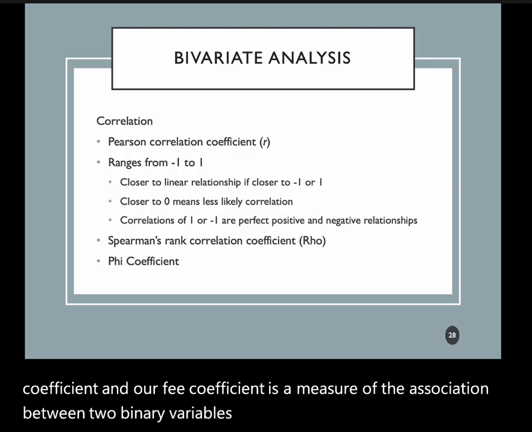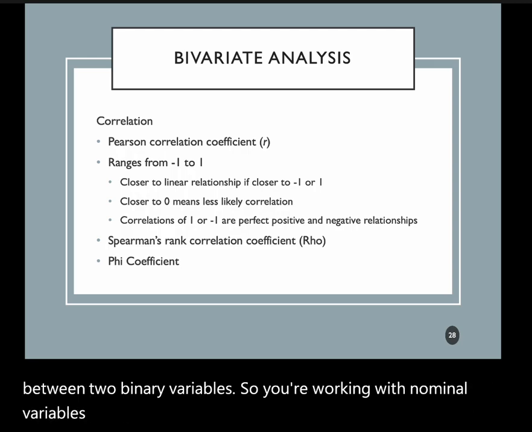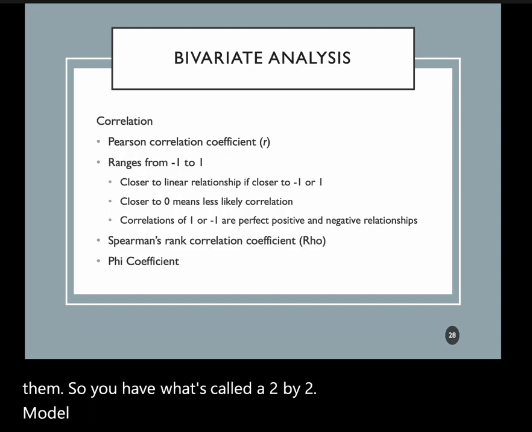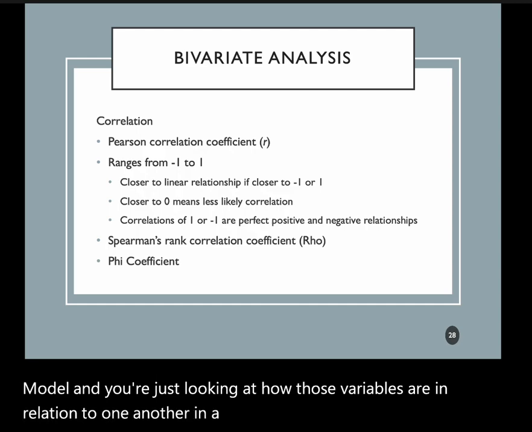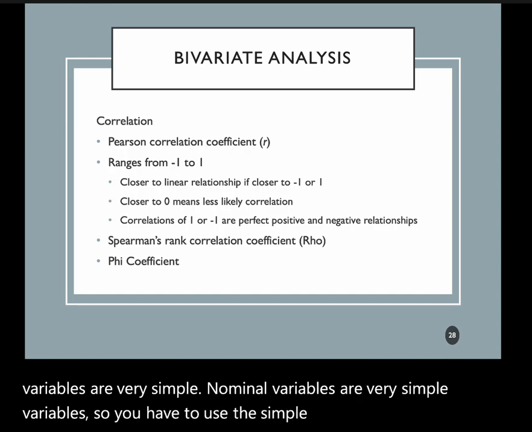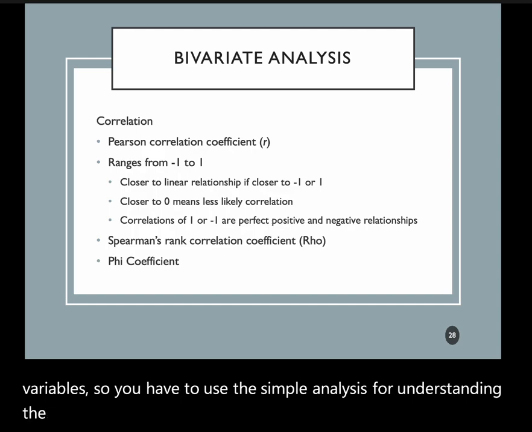So you're working with nominal variables that only have two levels, and you're really comparing them. So you have what's called a 2 by 2 model, and you're just looking at how those variables are in relation to one another in a very simple format, because your variables are very simple. Nominal variables are very simple variables, so you have to use a simple analysis for understanding the relationships between them.